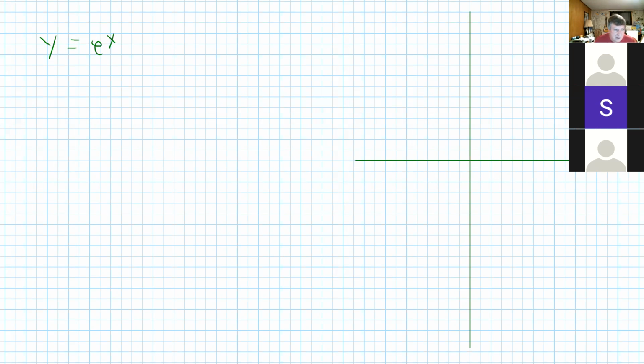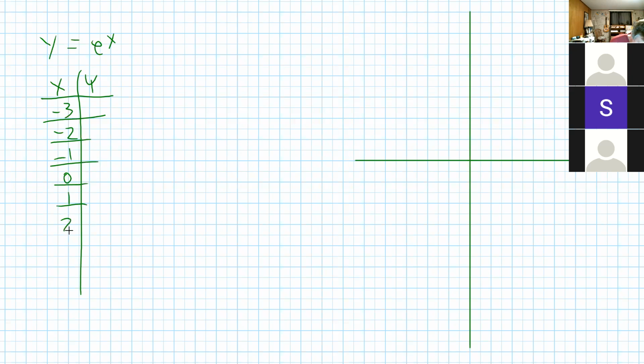So let me just recopy this. -3, -2, -1, 0, 1, 2, 3. So when X was -3, what was Y? 0.05. And -2? 0.14.